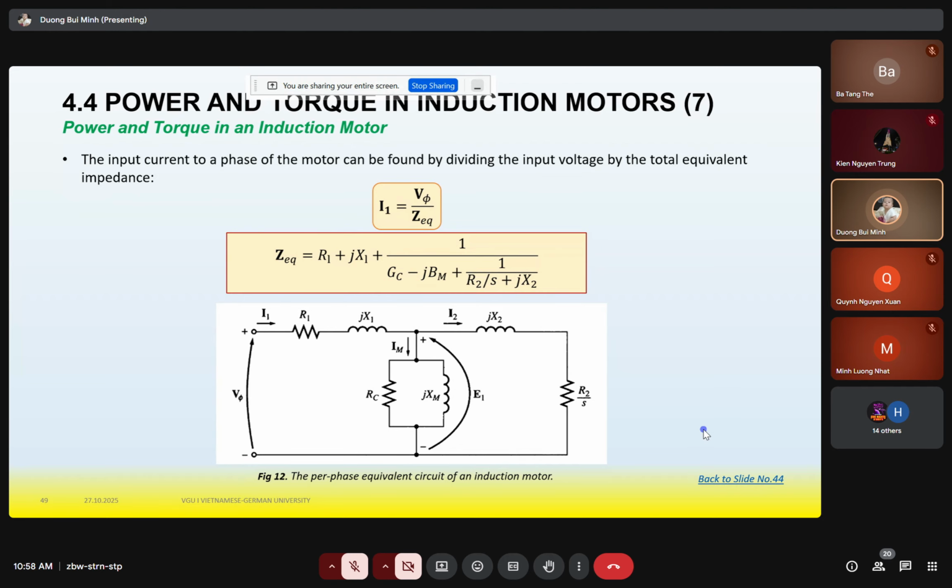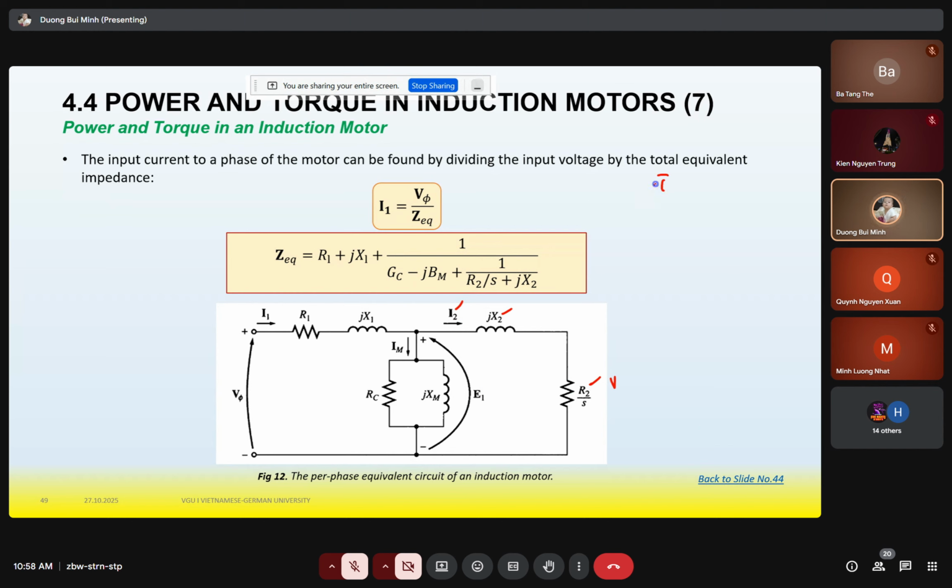Now we consider the equivalent circuit of induction motors. We know this circuit from before, right? Actually, this is I2', X2', R2'. But in this textbook, they only write I2, X2, R2.